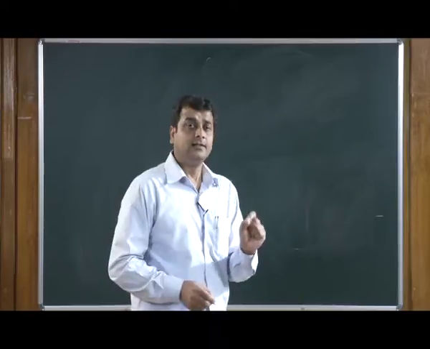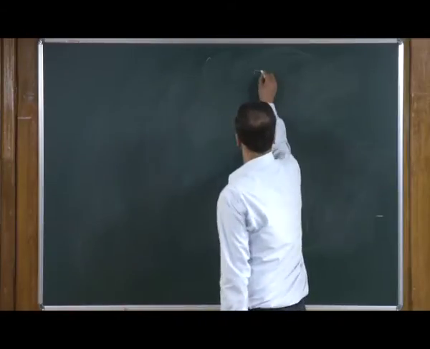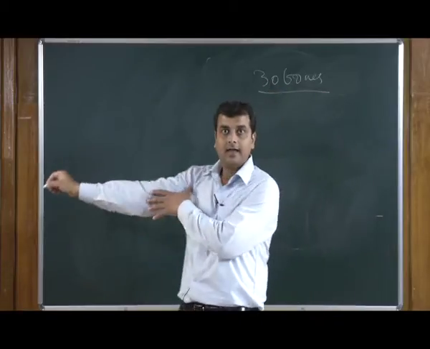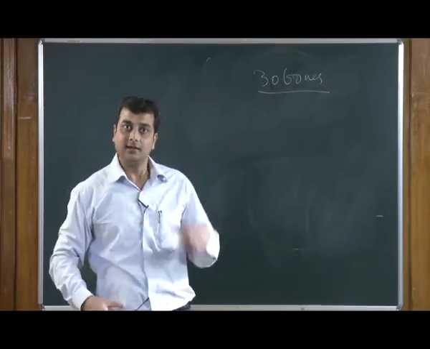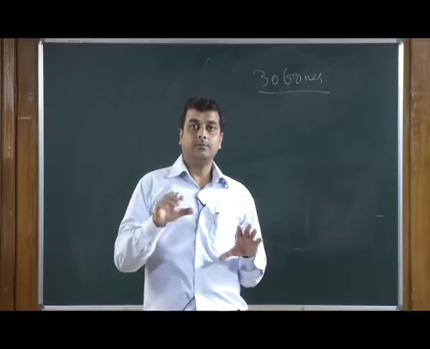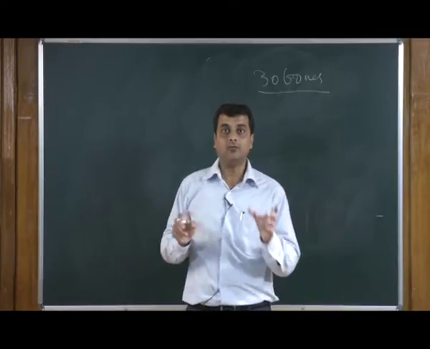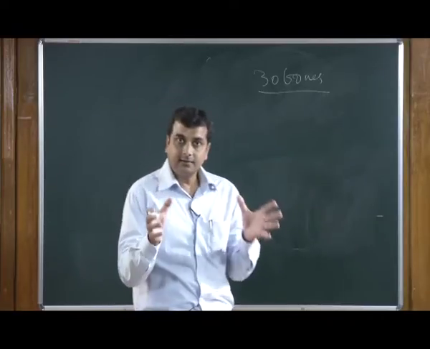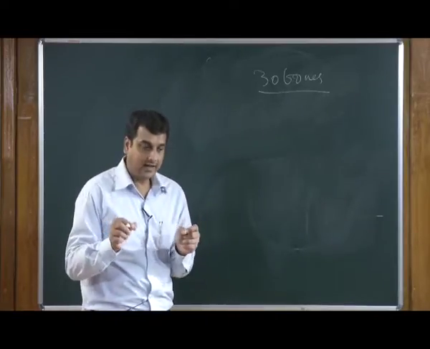In total, there are 30 bones in each hand and each leg. So, in total we have 120 bones, and in addition we have other small bones and bony areas.